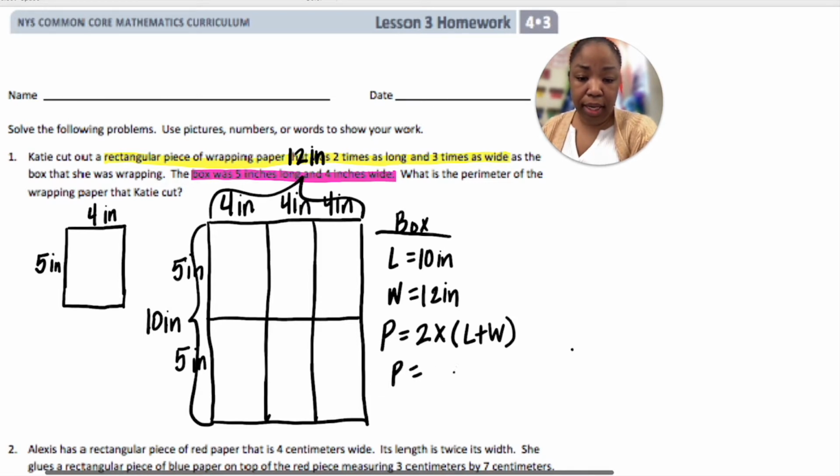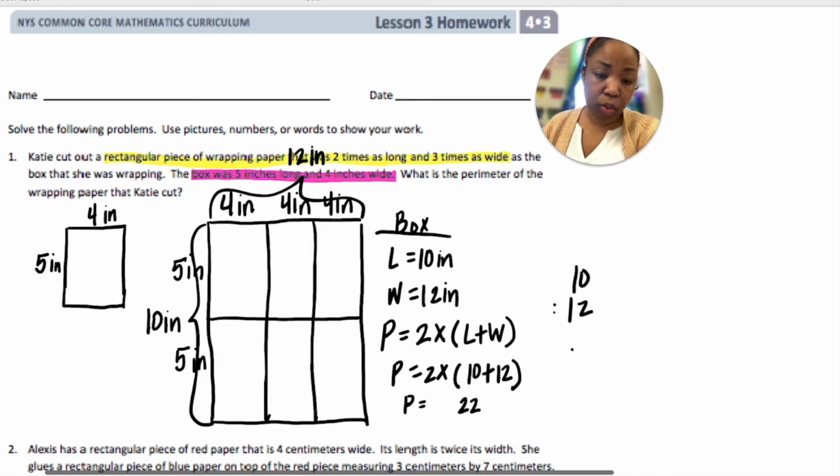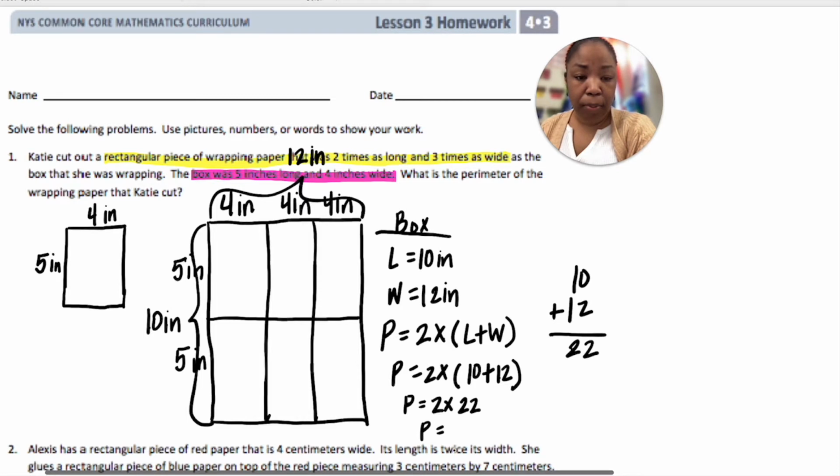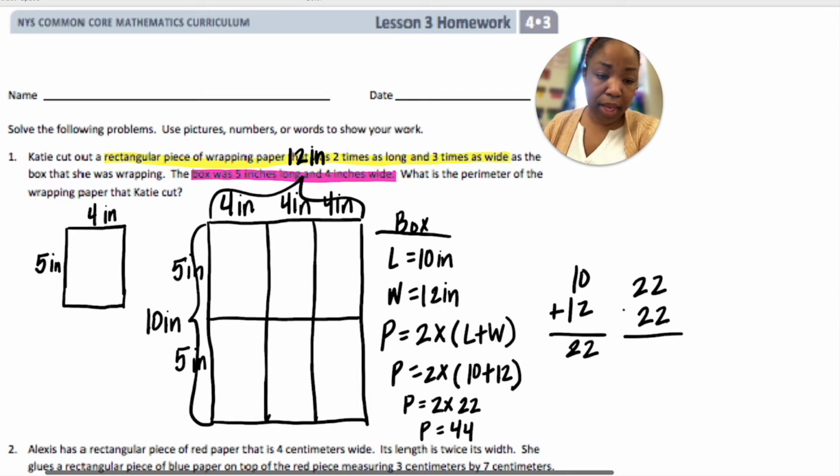So that would be 10 plus 12, 2 times. 10 plus 12 is 22. 22 times 2 gives us a perimeter of 44. 22 and 22, that's what 22 times 2 is.